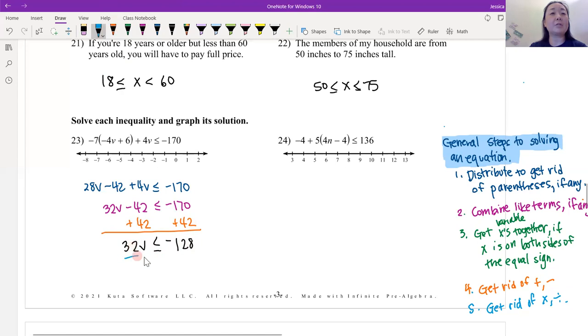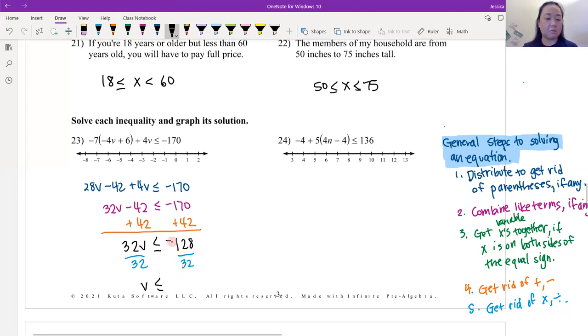Now we're going to divide by 32 on both sides. Now remember, we divided by a positive number, so we don't have to flip the inequality.